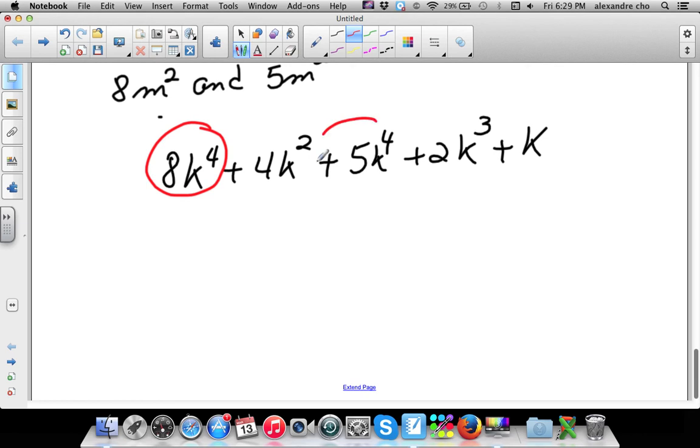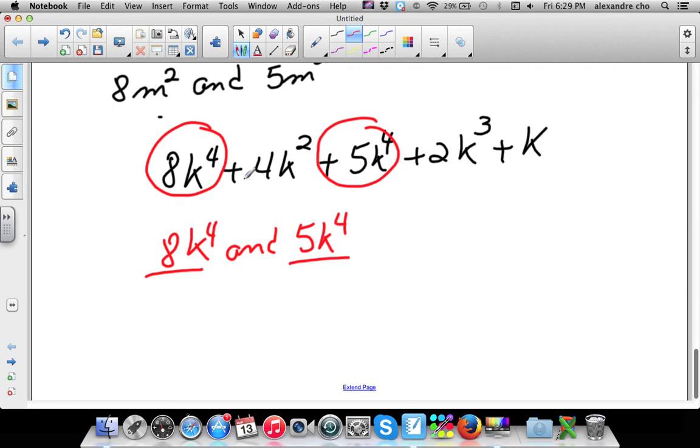Like terms are 8k to the 4th and 5k to the 4th. And to the second power? Nope, this is the third power and this is to the first power, so they're not the same. The only like terms are 8k to the 4th power and 5k to the 4th power.